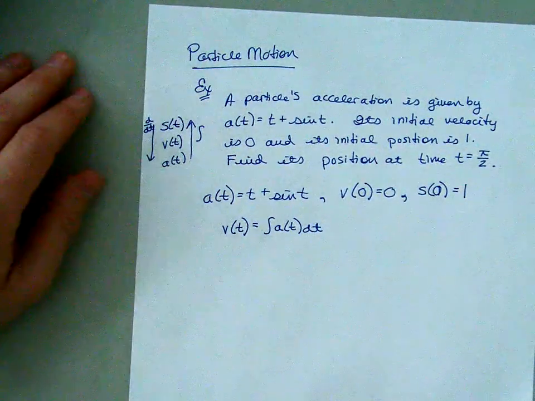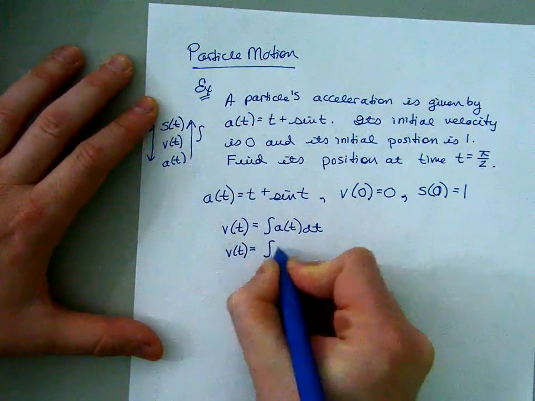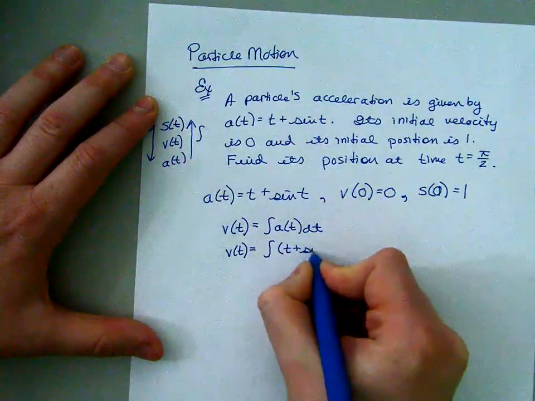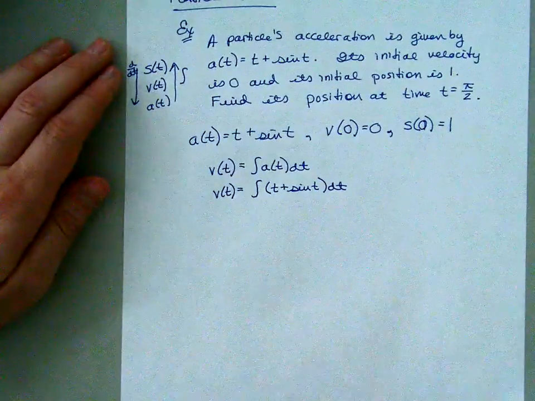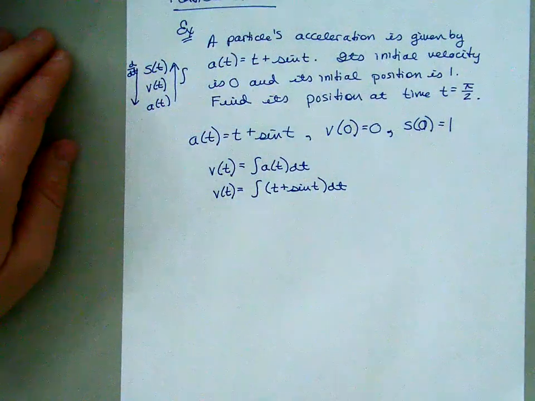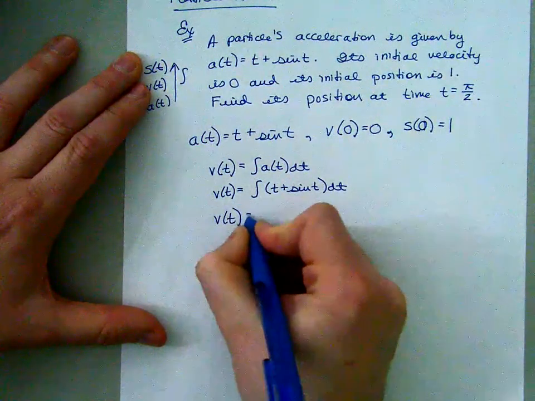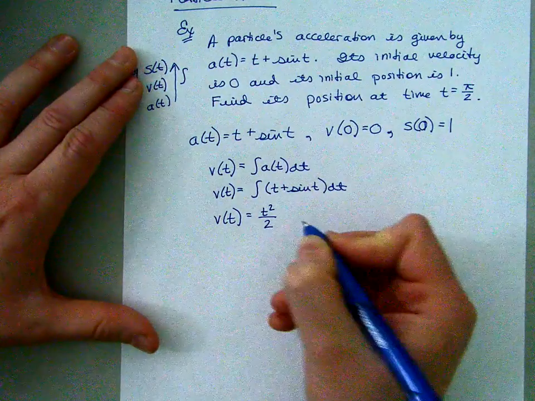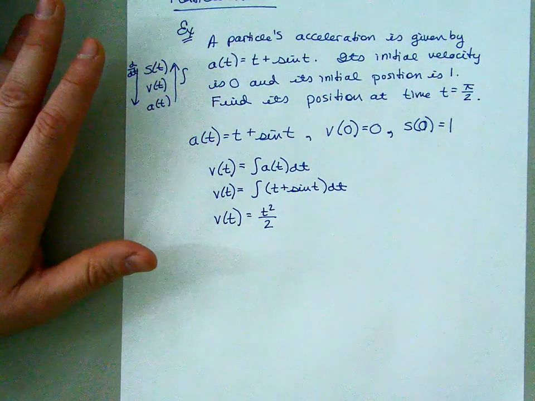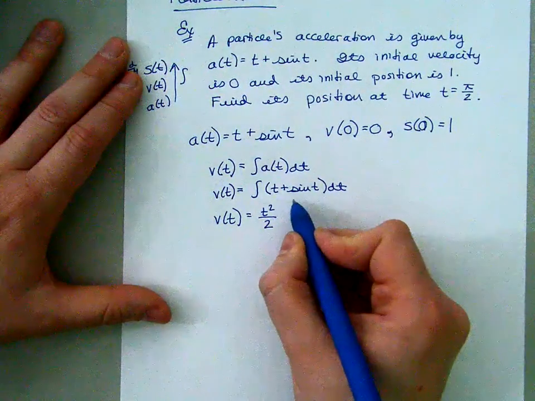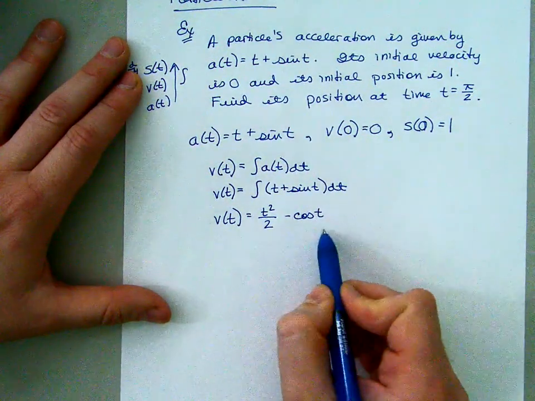Velocity is just the integral of acceleration. T squared over 2. Is it minus or plus cosine t? Just say it. Minus, yeah, because the integral of sine is negative cosine t, because the derivative of cosine is negative sine, so the derivative here is negative sine.